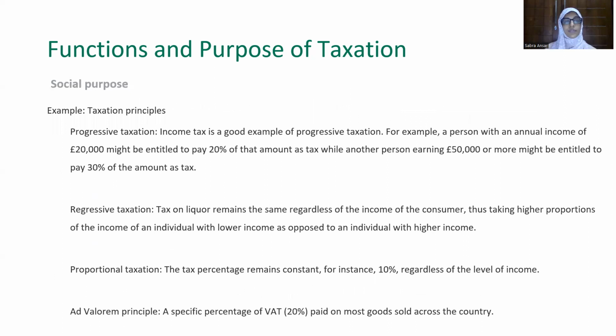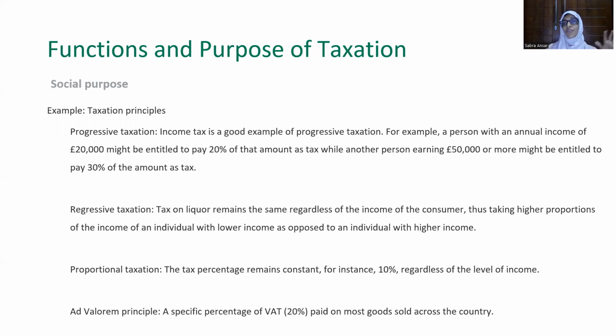Now let me give you a few examples for you to understand the taxation principles and different types of taxation. Progressive taxation, as I said, is when the income increases, the taxation also increases. Income tax is a good example of progressive taxation.